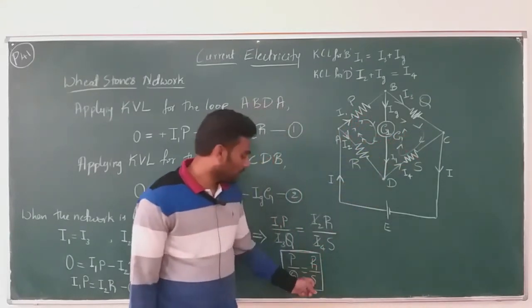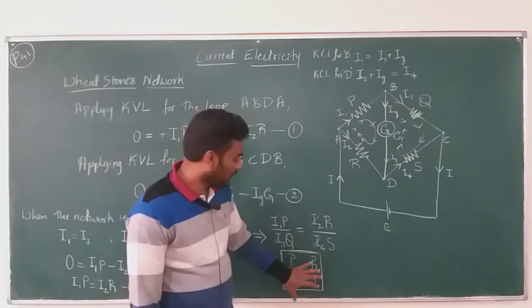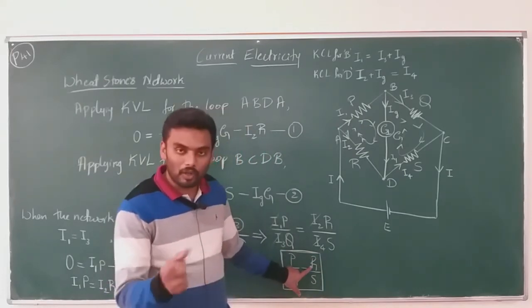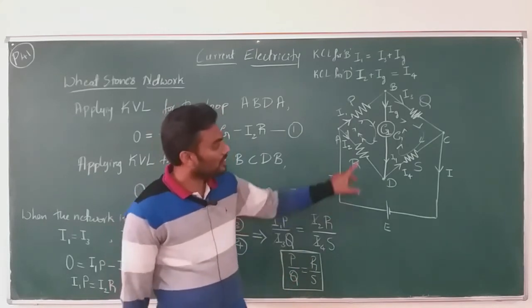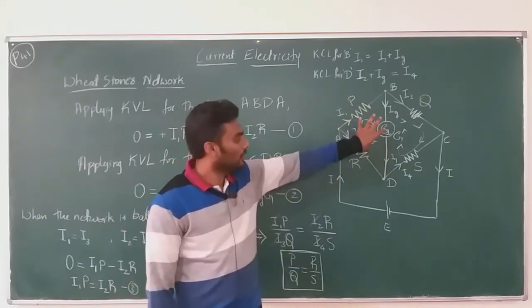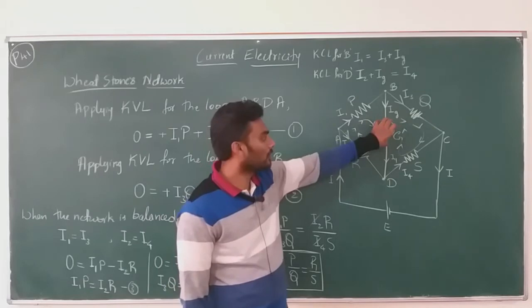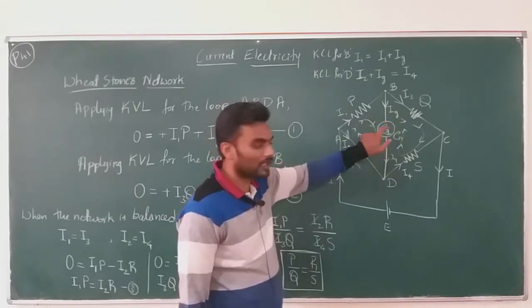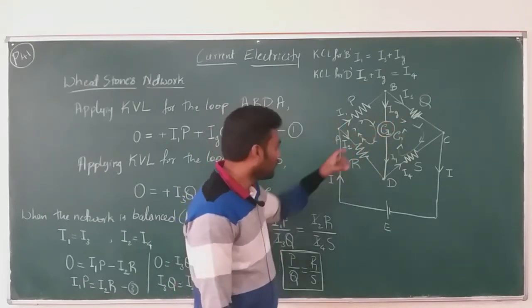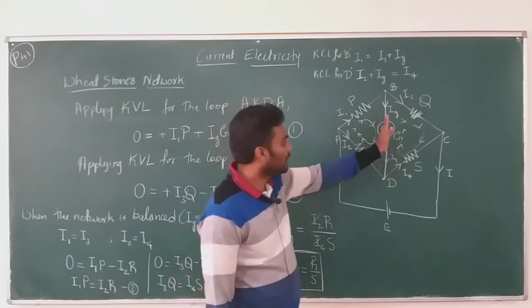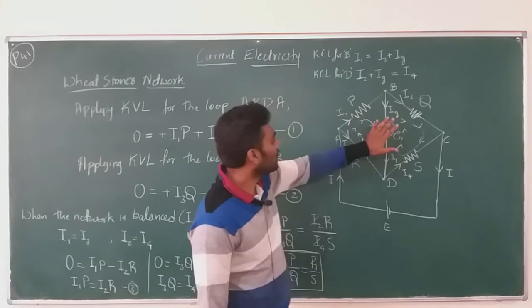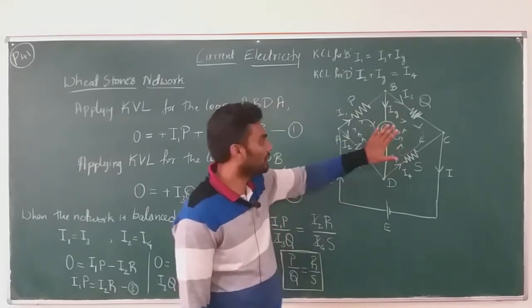You should choose the combination of resistances R, S and Q in such a way that the current becomes 0. That can be seen when you observe the galvanometer. When the galvanometer does not deflect, we will know that the current through the galvanometer is 0 and hence the network is balanced.